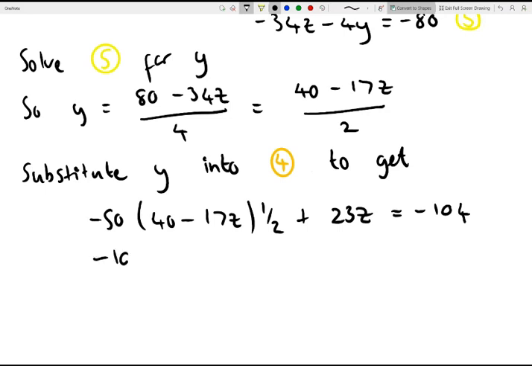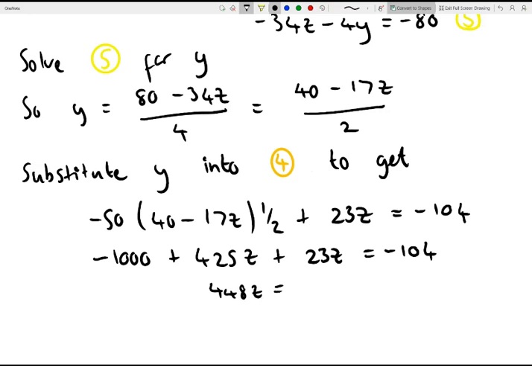Multiplying this out, we've got minus 1000 plus 425z plus 23z equals minus 104. And then finally 448z is equal to minus 896, which implies that z is 2.